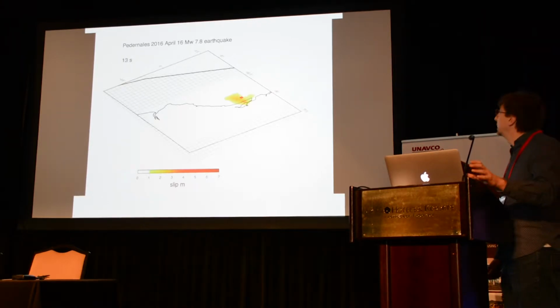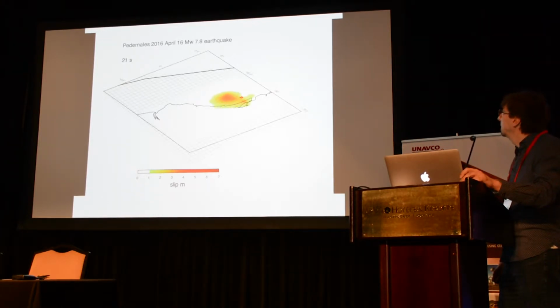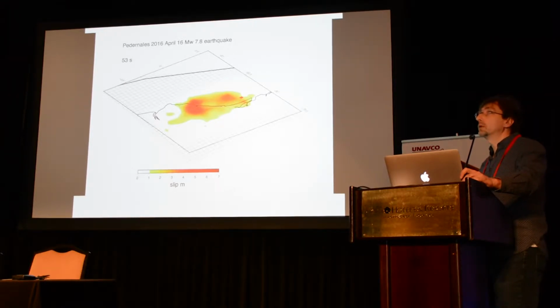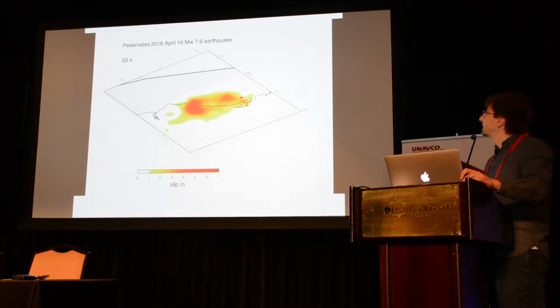We see little moment released during the first second. Then the rupture of a first asperity with 3 meters of motion, southward propagation, and the main moment release with an area experiencing more than 6 meters of slip over a 30 by 30 square kilometer area.